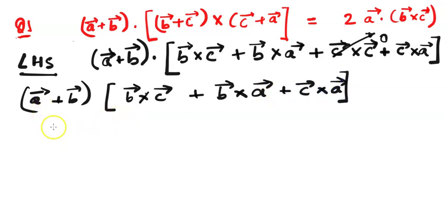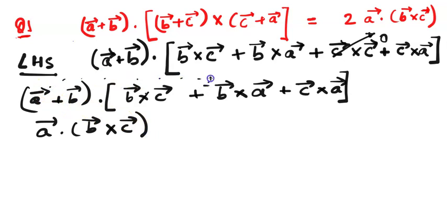Now when a is multiplied by this, and this is a dot product, we will give a dot b cross c. However, a dot cross product with this will give 0, because these two quantities are perpendicular to a vector, and hence any dot product of these two quantities with a vector would be 0.